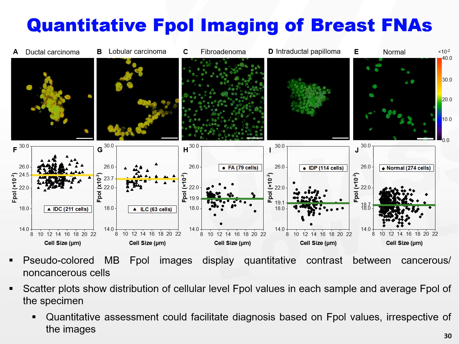As can be seen from the images, cancerous cells in panels A and B show distinct contrast relative to the non-cancerous cells in panels C, D, and E.